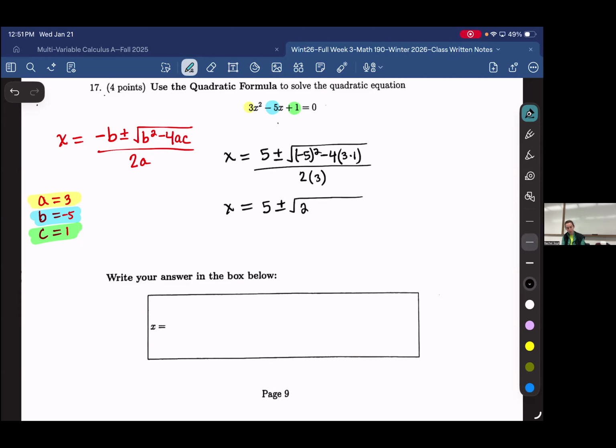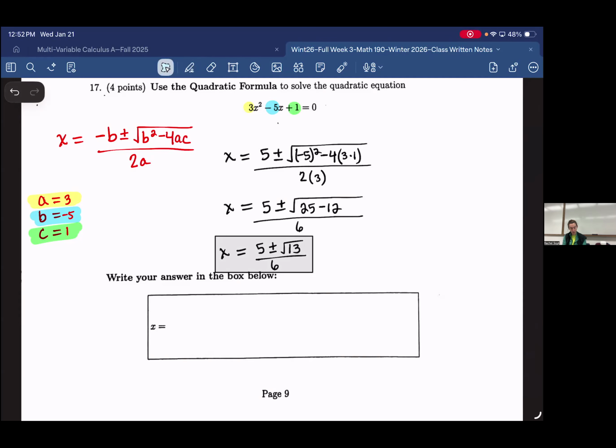Negative 5 squared is 25. 3 times 1 is 3, times negative 4 is negative 12. 2 times 3 is 6. 25 minus 12 is 13. And so you end up with x equals 5 plus or minus square root of 13 over 6. And that's already in simplest form. You can't simplify that further.